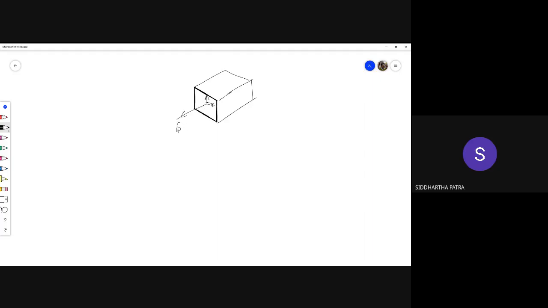So if this direction is x, this direction is y, and this direction is z, this one is of course sigma xx. Then this one is sigma acting in y direction, but on a plane normal to the x-axis. This again is sigma zx.